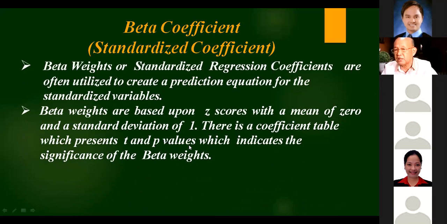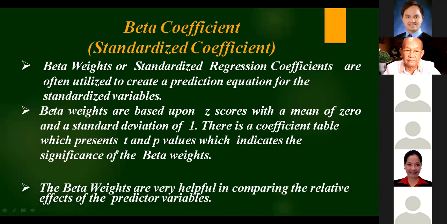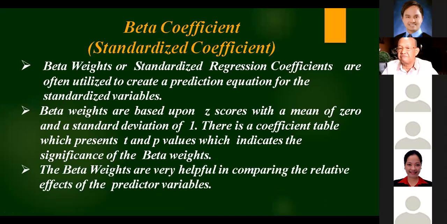When the associated probability is less than alpha, the rule is to reject the null hypothesis in favor of the research hypothesis. And finally, beta weights are very helpful in comparing the relative effects of the predictor variable.